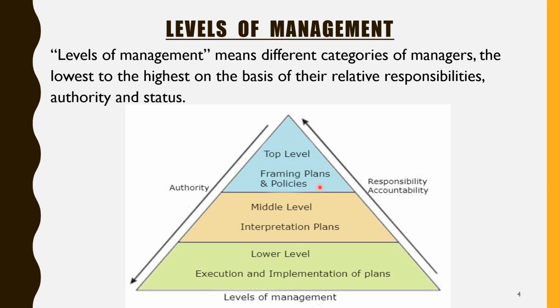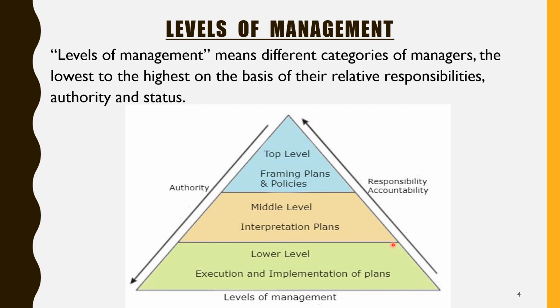That means that's involved in the intellectual function. Then comes the middle level, which is involved in the interpretation of plans and which works as a link between the top level and the lower level. It takes instructions from the top level and guides lower level about whatever plans they happen to receive from the top level, and makes the lower level understand those plans so that lower level can execute the work, because the job of lower level is the execution and implementation of the plans.